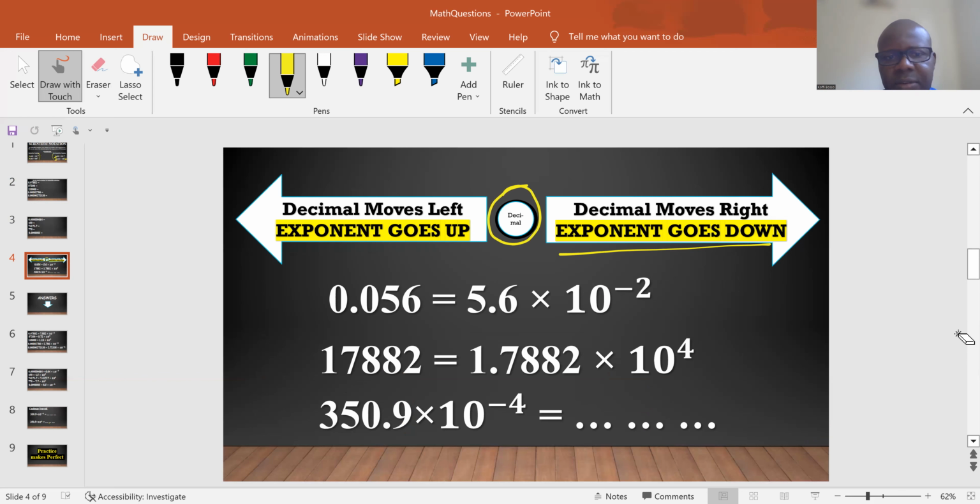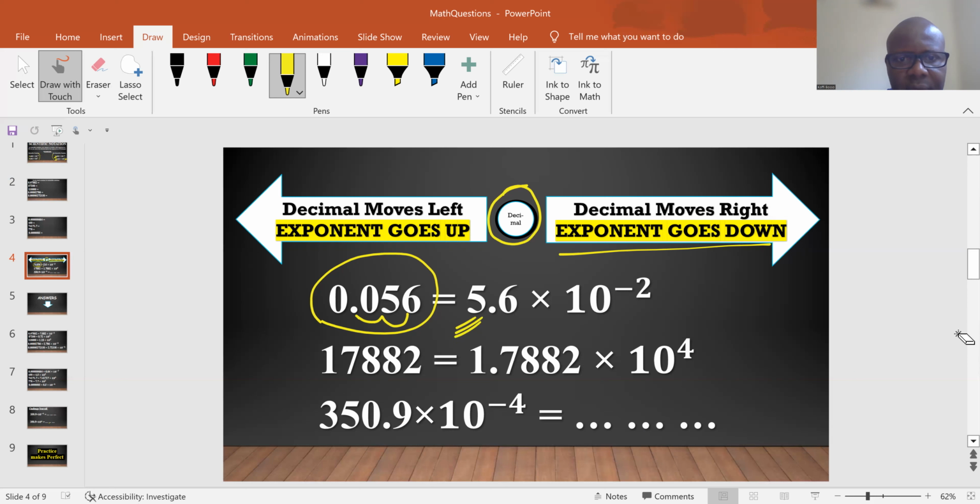So, for example, we have 0.056, and we want to write this in scientific notation. We're going to move the decimal 1, 2 times to have the first digit before the decimal be not 0.